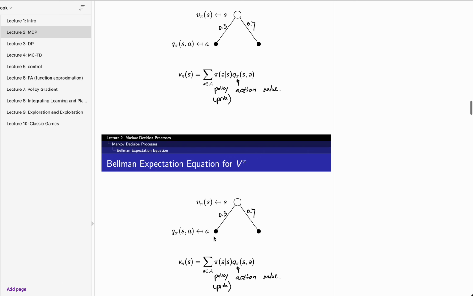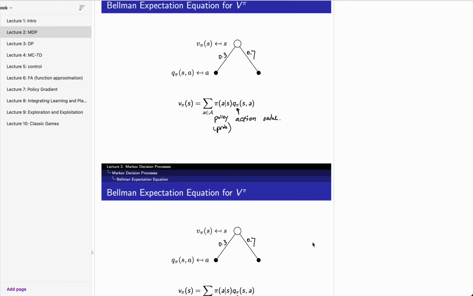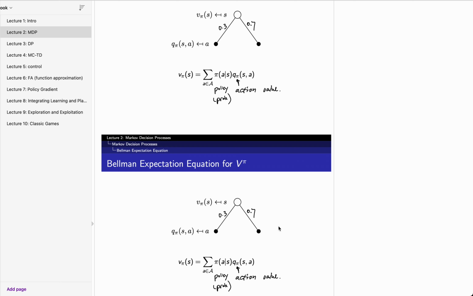And then I'm just adding all the state value functions up to get the action value function. I think I miscopy pasted this slide here, but this slide should be the calculation for the action value function. This should be a dark dot and then an empty dot.